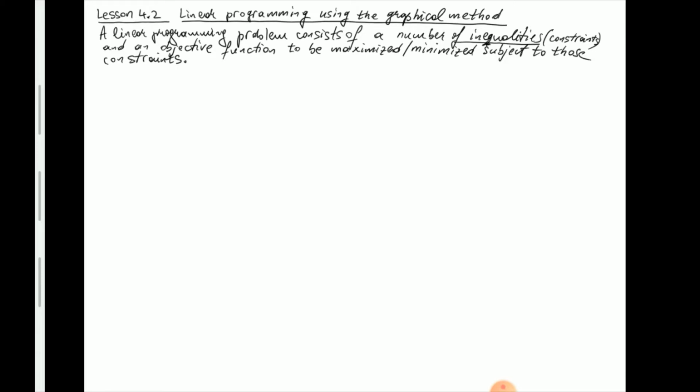So you will have a bunch of inequalities, two or more, that will describe these constraints. And using the graphical method, remember from the previous section, you could visualize the solution of these inequalities as a region in the plane, meaning that whatever the solution is for the objective function, it has to be within that domain or feasible region given by the solution of those constraints.